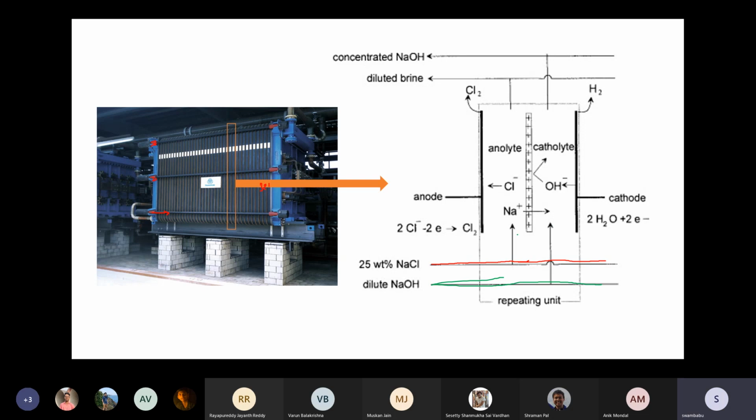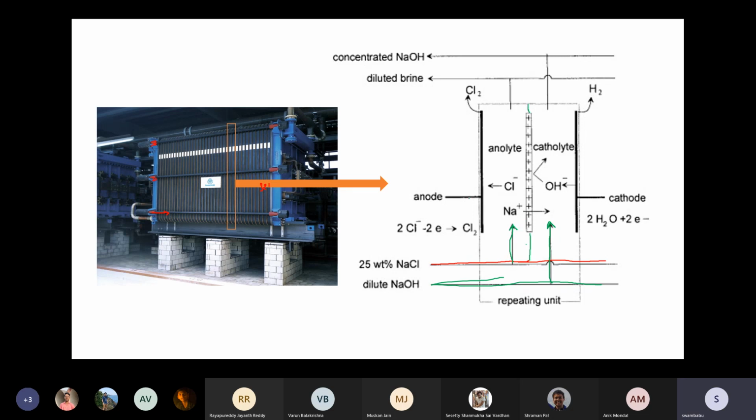One pipeline is used to introduce sodium chloride solution. Another pipeline is used to introduce water or very dilute NaOH. So exactly what I've explained before, and this is separated by an ion exchange membrane, a negatively charged membrane.